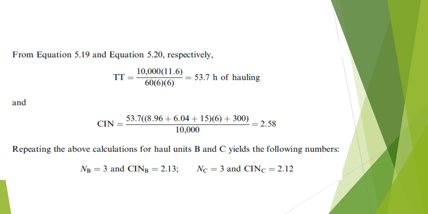If you go back through and repeat the same set of calculations for haul units B and C, you'll find that the cost index for B is 2.13, and the cost index for C is 2.12.